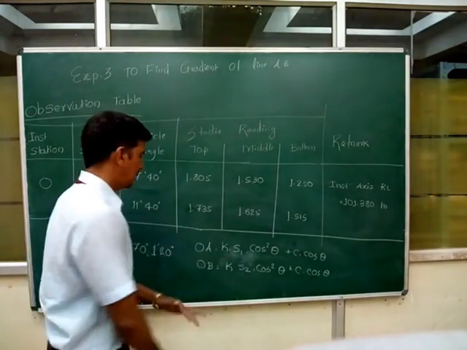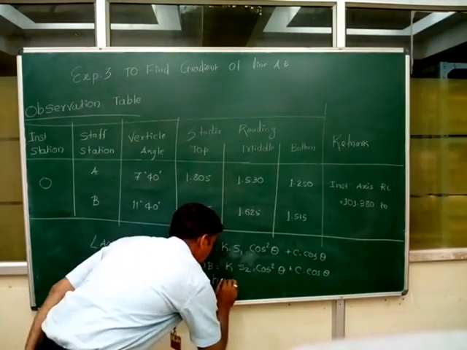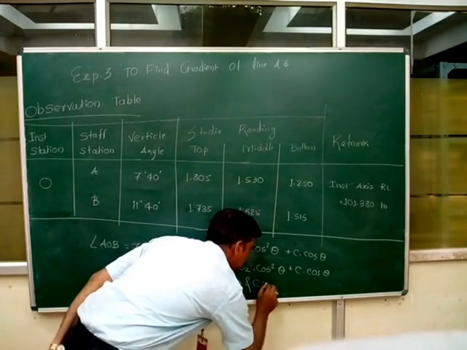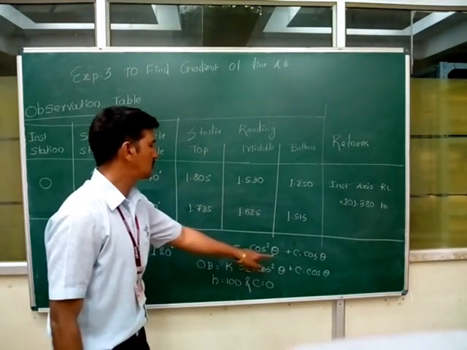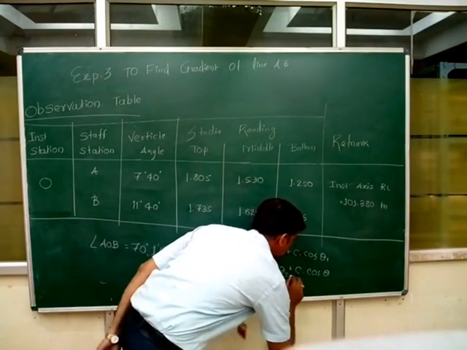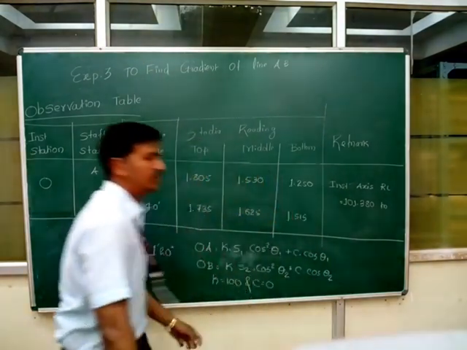Here, consider K as 100 and C as 0. This will be your first vertical angle, so I will say theta 1. This will be your second vertical angle, I will say it as theta 2.